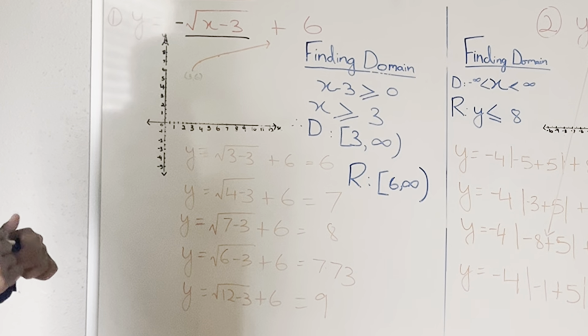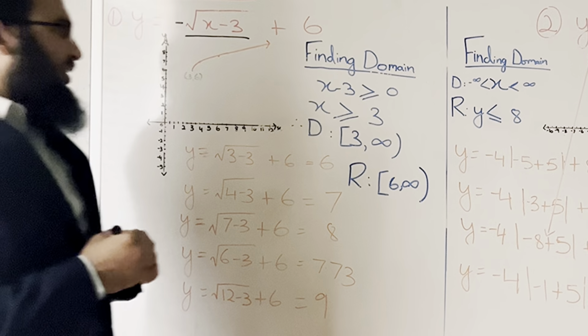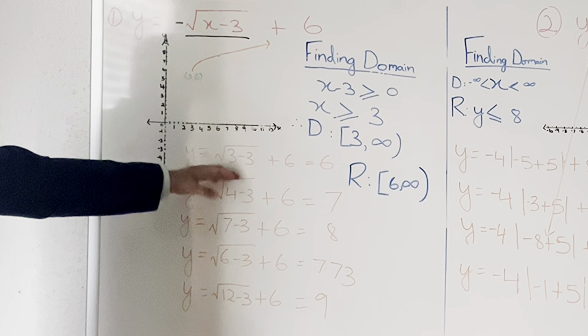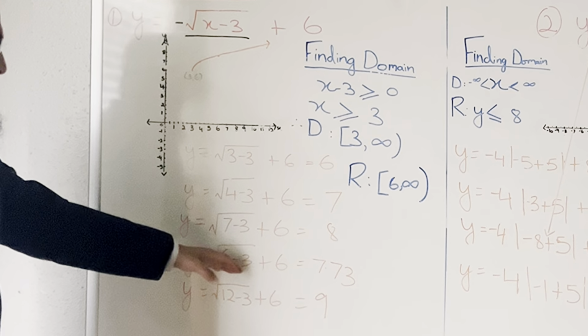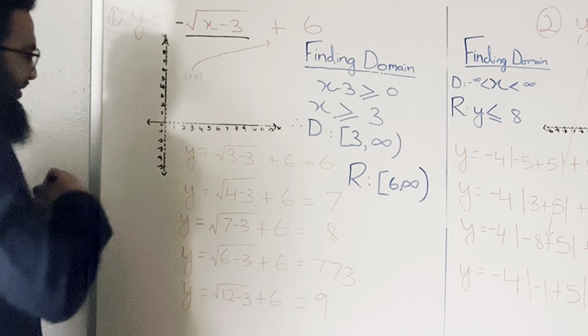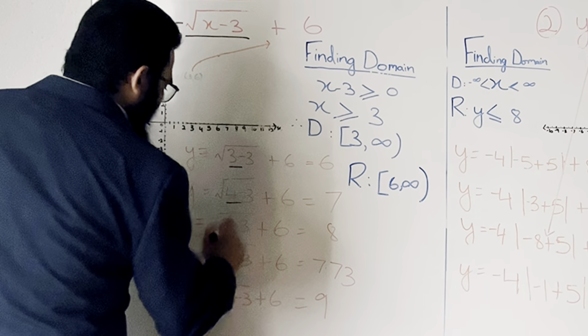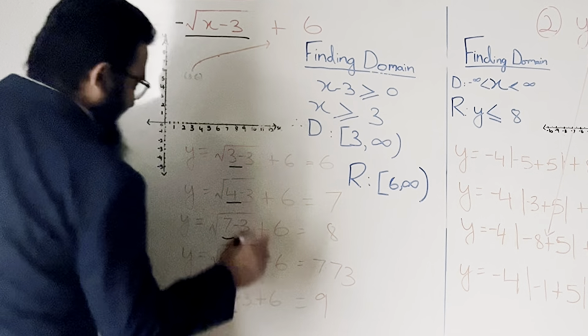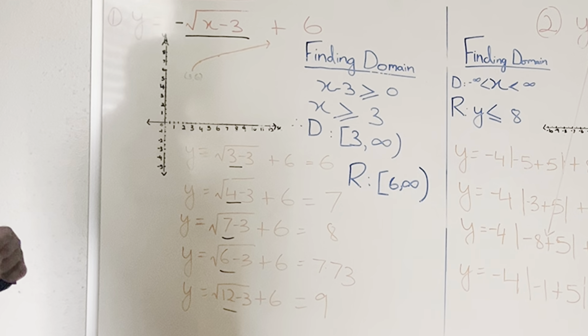The next step was to find the range. Now I took some random values and started finding the outputs. For example, I took x as 3, 4, 7, 6, 12. Obviously these are random values we can take.